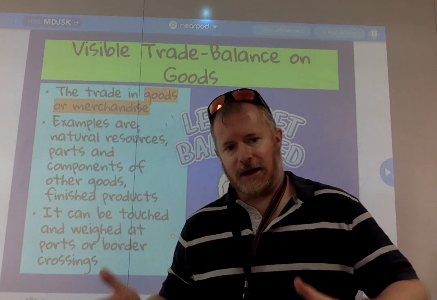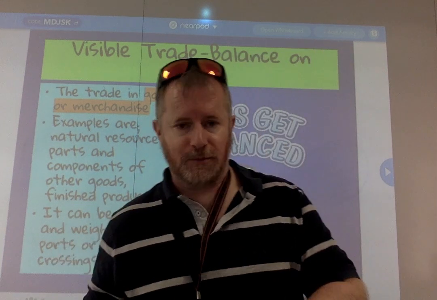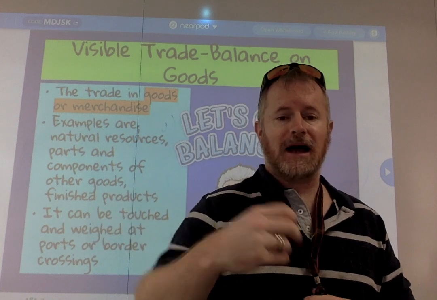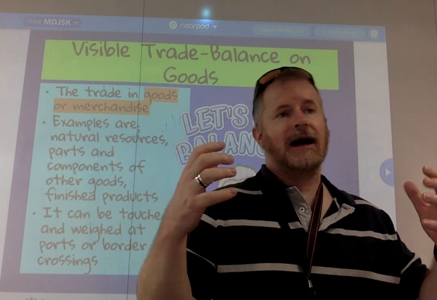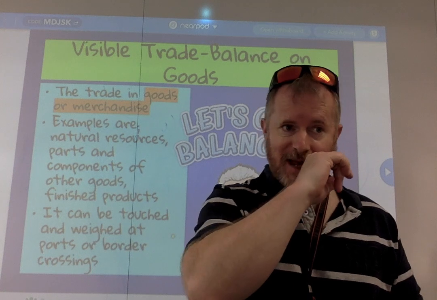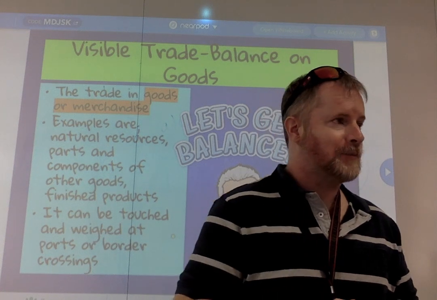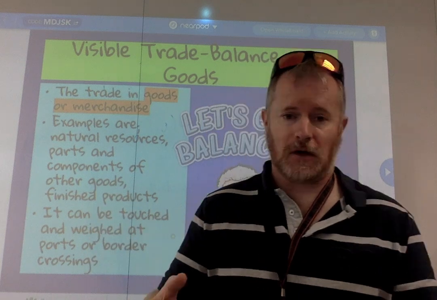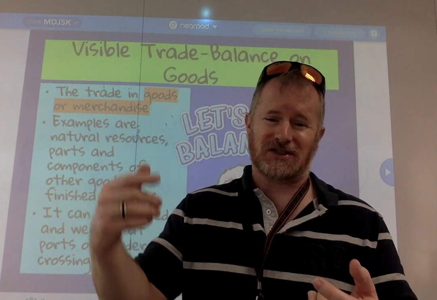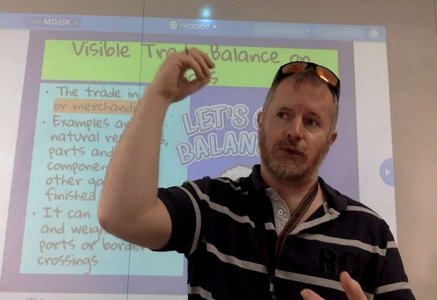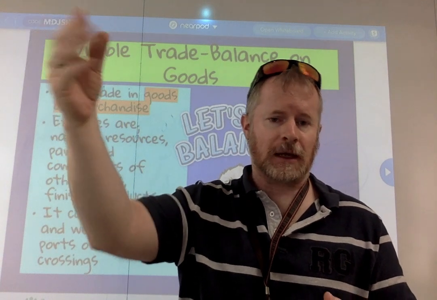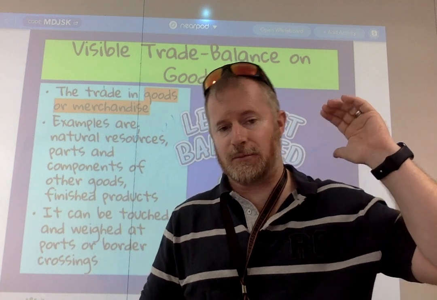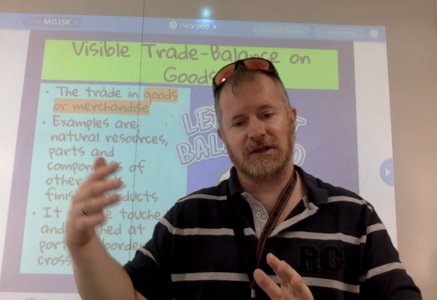If we break it down and look at each individual component, the first one is visible trade. That's all about goods. Remember, the goods are physical, you can see them, they're tangible. An old-fashioned word for goods was merchandise. You're familiar with that word because sometimes we still refer to people who have shops as merchants, and we used that same word when we talked about the mercantilists and their philosophies on trade.